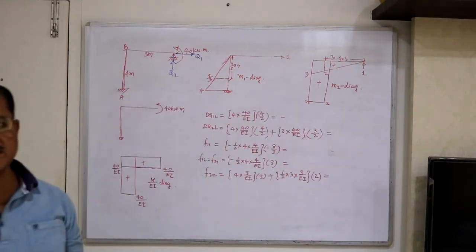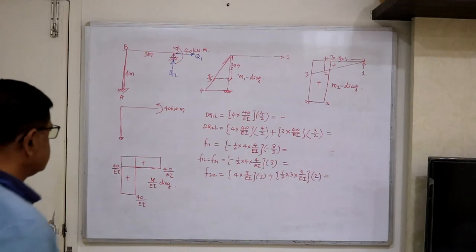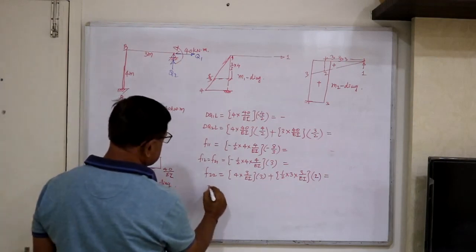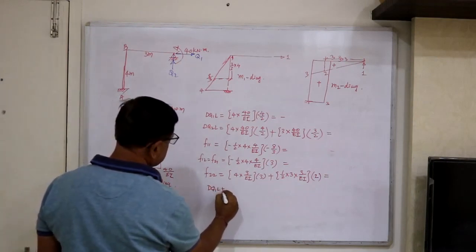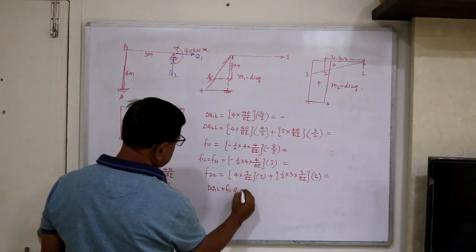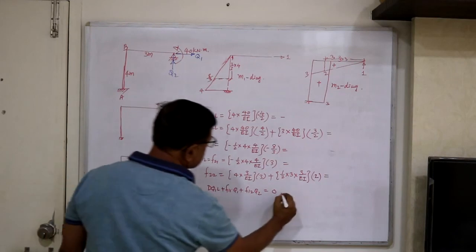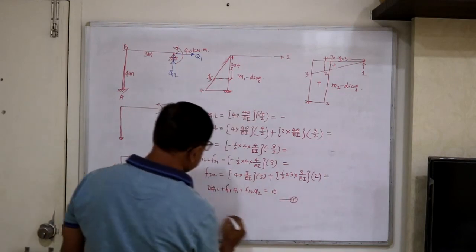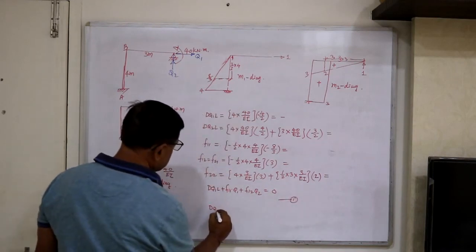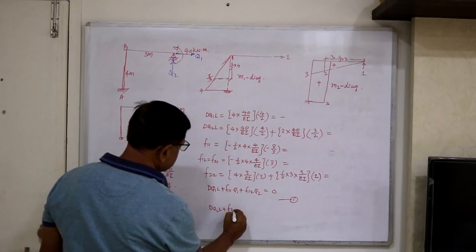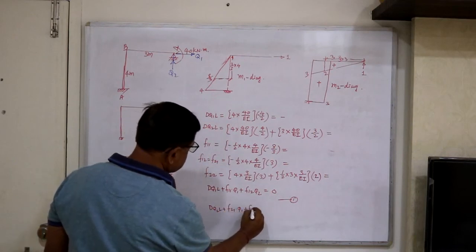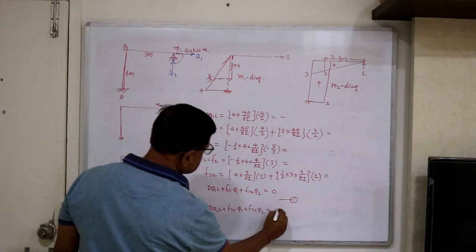So we have calculated all the displacements, and finally using compatibility conditions, delta Q1L plus F11 Q1 plus F12 Q2 is equal to 0.